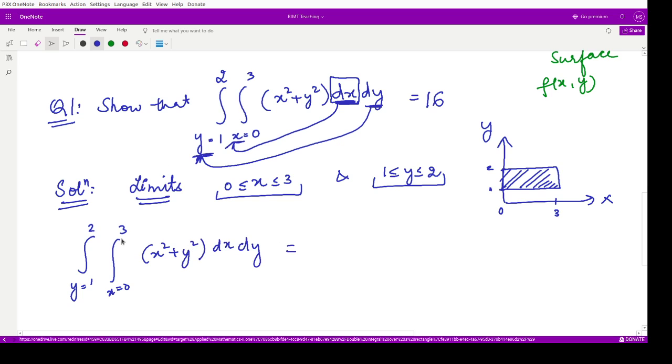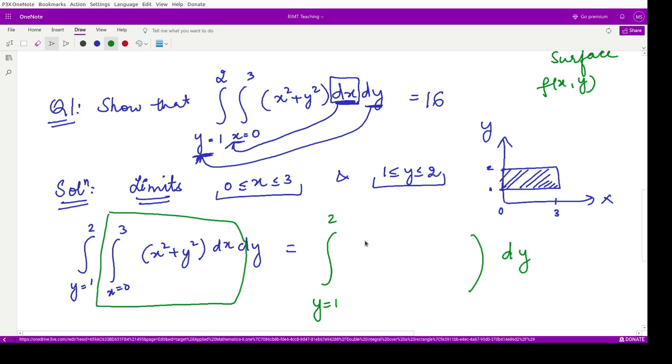So firstly what you have to do, you have to perform this portion first, keeping y as constant here. So for that, your this portion, limit y varying from 1 to 2 dy, would be as such, and you'll perform this inner portion first. So the integration of x square with respect to x, that would be x cube by 3, and the integration of y square, now y is constant with respect to this x, so it would be y square as such, and then the integration of 1, so that would be x.